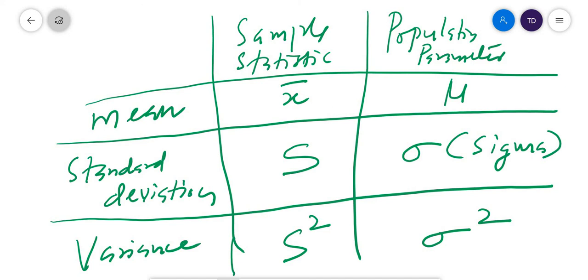The measurable characteristics of a sample we call statistic, and measurable characteristics of a population we call parameter. So the difference is, a population includes all elements from a set of data. A sample consists of one or more observations drawn from the population. That is the simplest difference between a sample and a population.